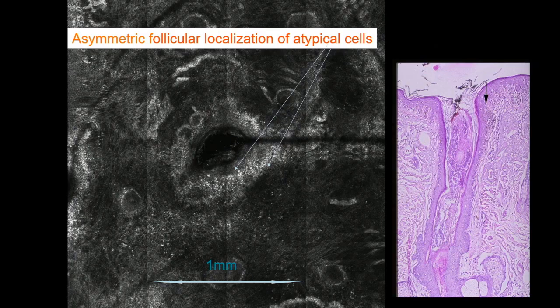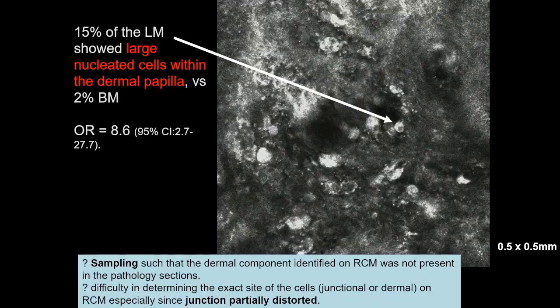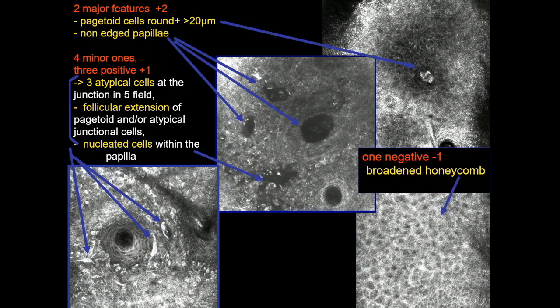And they've come up with a scoring system for lentigo maligna and the odds ratio of what each feature would actually predict to be a melanoma. So the broadened honeycomb has a slightly increased odds ratio, but these large nucleated cells within the dermal papillae have a much higher odds ratio. So if you see these, this is the scoring system, really 2 major features and 4 minor ones.